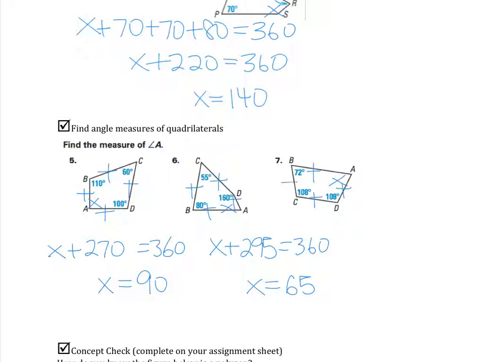And the last one, again, add them all up. 72 plus 108 plus 108 is 288. Must all add up to 360. Subtract 288 from 360 and you get 72.